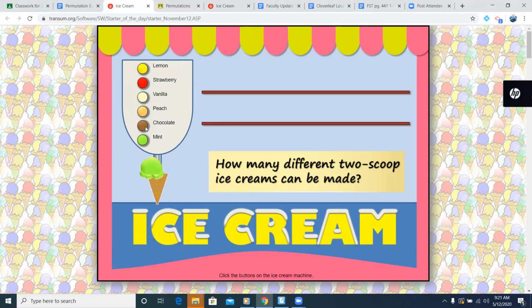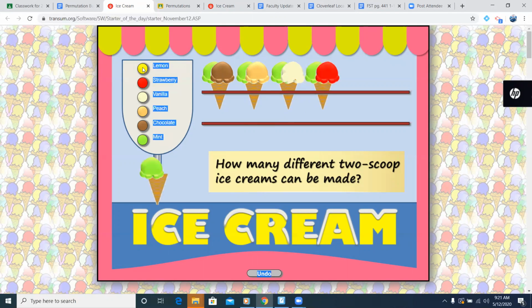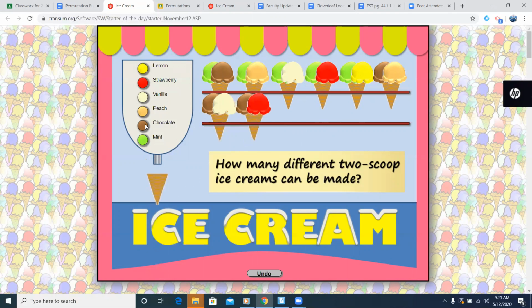So we have mint chocolate, mint peach, mint vanilla, mint strawberry, mint lemon. Okay, then we're going to do chocolate peach, chocolate vanilla, chocolate strawberry, chocolate lemon.